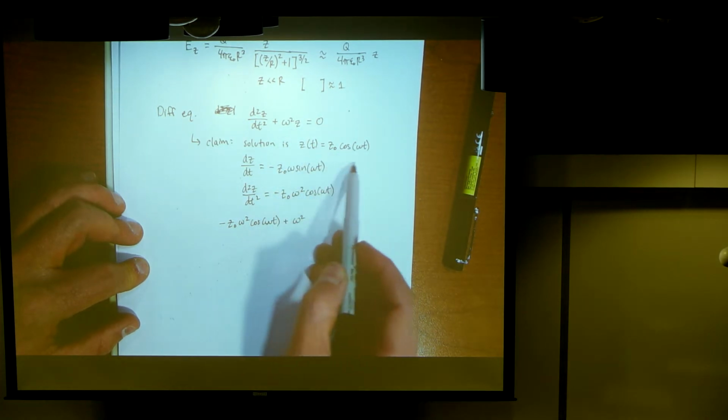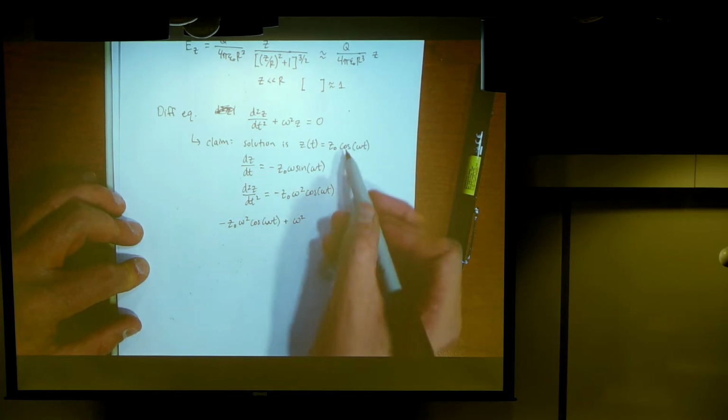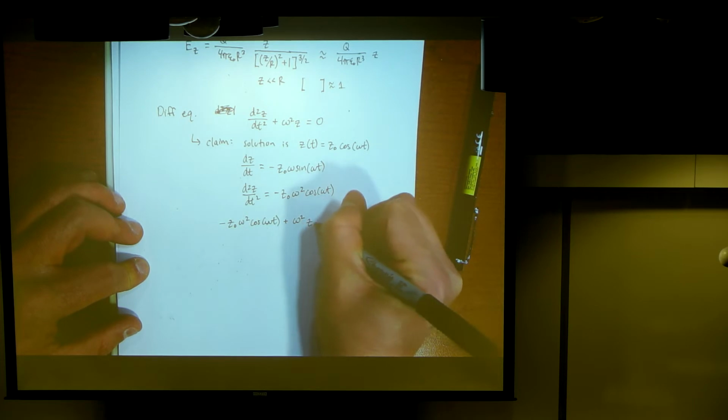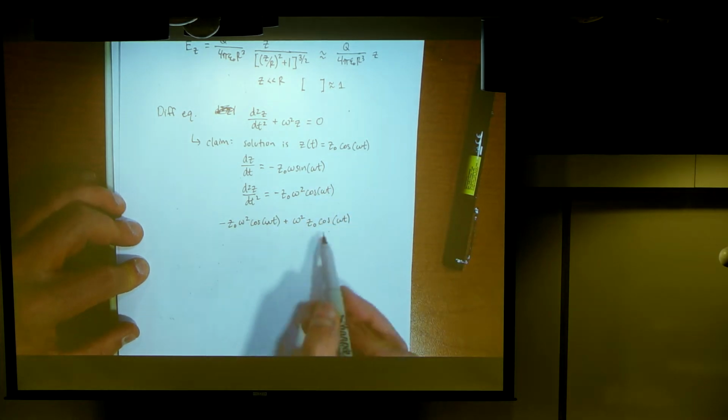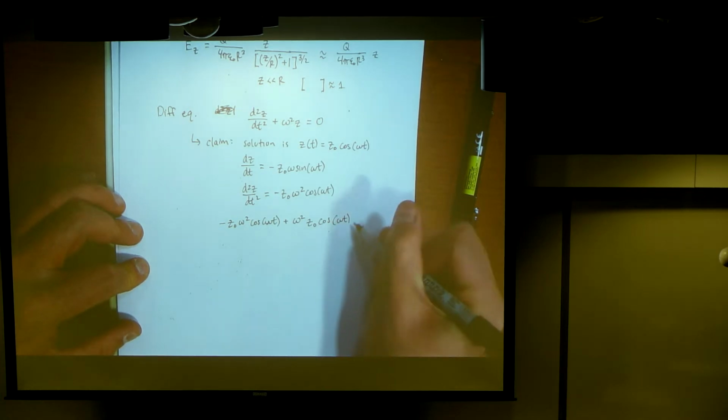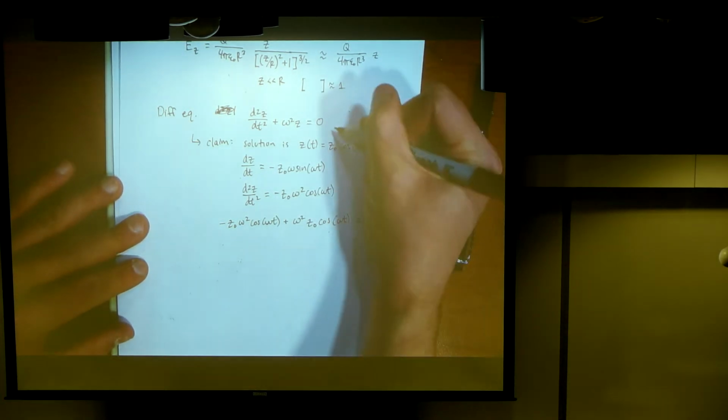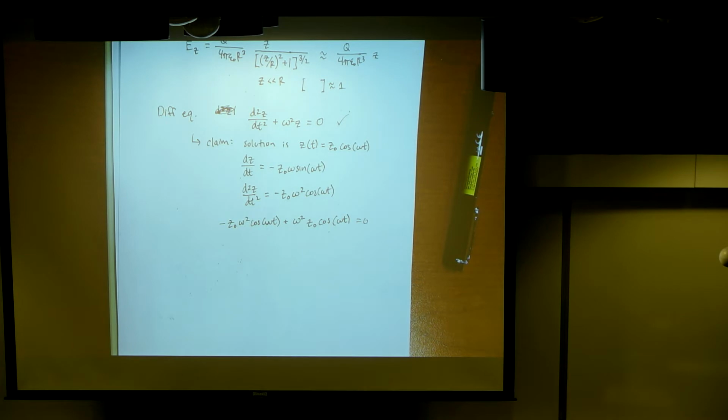So this is what we had before we took two derivatives. That's z naught cosine omega t. Well, this term is just the negative of that term. So that equals 0, and that solves the differential equation. So it works. That's a solution. Hopefully you believe me. Okay. Any questions on what we just did here?